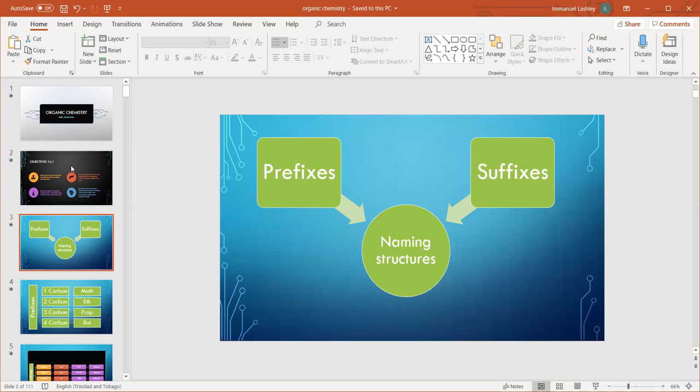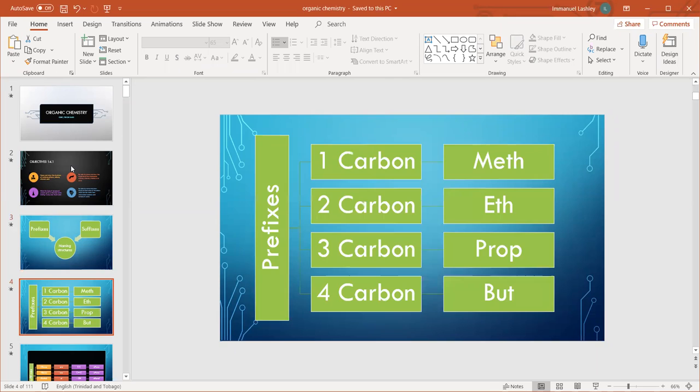When naming compounds, there are two basic things that we need to consider. First, you have to consider the prefix as well as the suffix. When we talk about the prefixes from last class, we are talking about met, et, prop, but, and we went all the way up to 10 carbons.